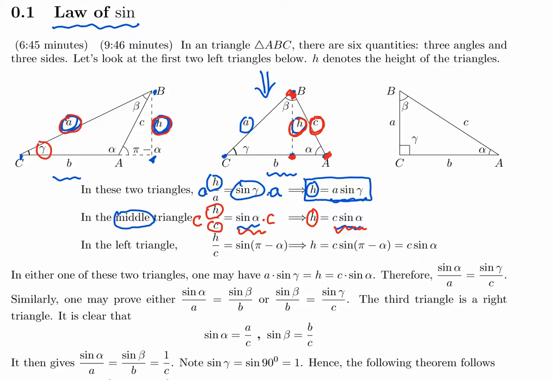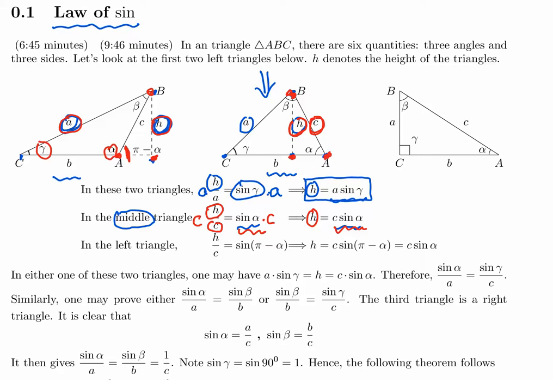Now, if you look at the left triangle, look at these three, B, A, and this vertex. Then look at this angle, sine of pi minus alpha, because this is alpha and pi minus alpha is this angle.